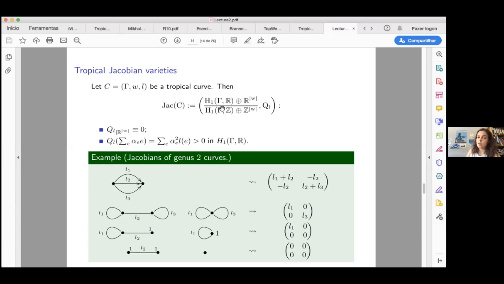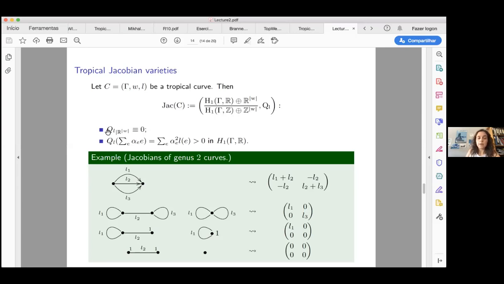It's the opposite situation, right? So here you get nothing, and you get only R to the power of G divided by Z to the power of G, but you get a trivial quadratic form. Which is actually the data that you're interested in in order to define your Jacobian.